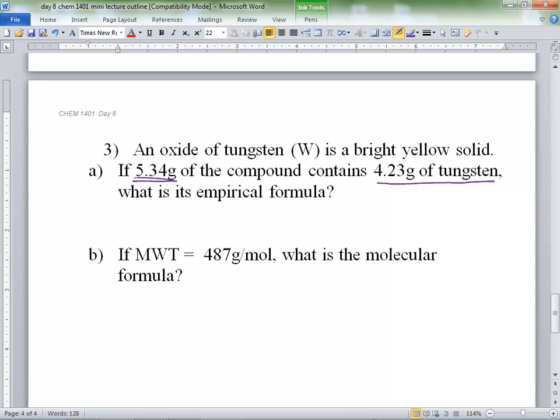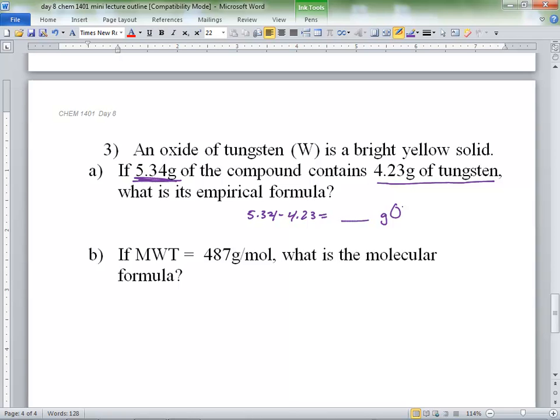You have 5.34 grams total. Subtract the 5.34 minus the 4.23, and then you'd have the grams of what? Grams of oxygen. That's how you get the grams of oxygen. And then you can start from there.